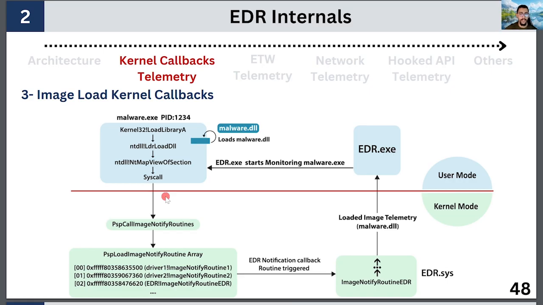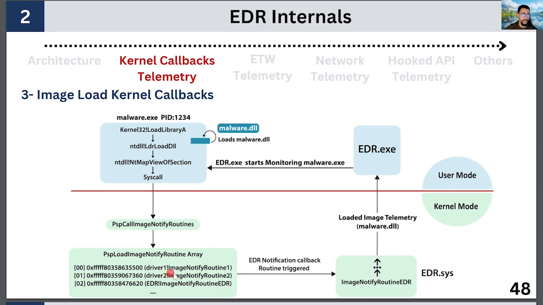It then calls an internal kernel function, PspCallImageNotifyRoutines, which iterates through this array, PspLoadImageNotifyRoutine, an array that holds all registered image loading callback routines from different drivers interested in image loading events.